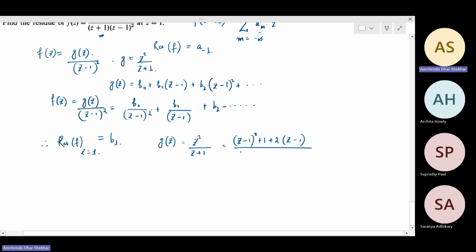And here you write this z plus 1 as (z minus 1) plus 2, and put a half over here.